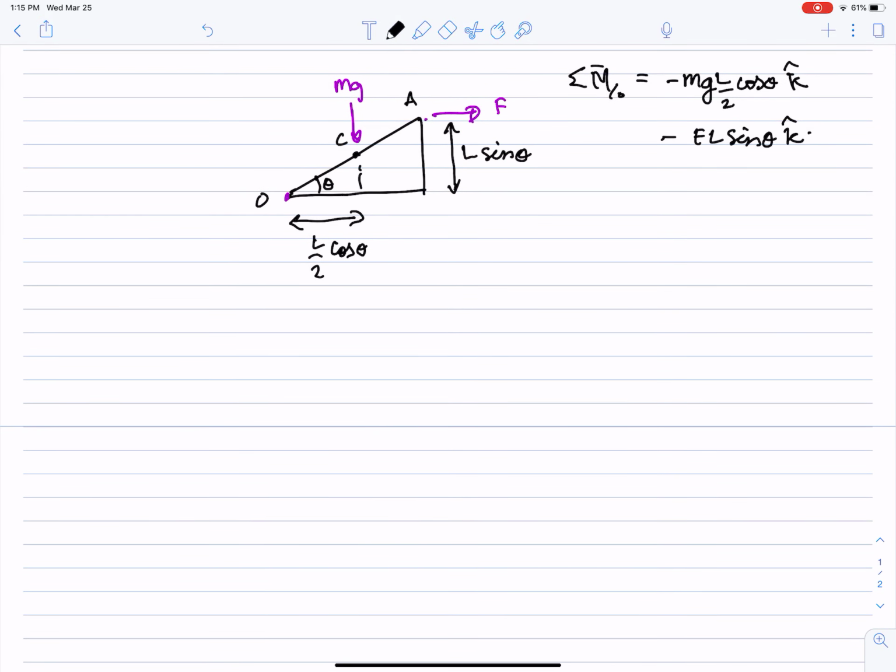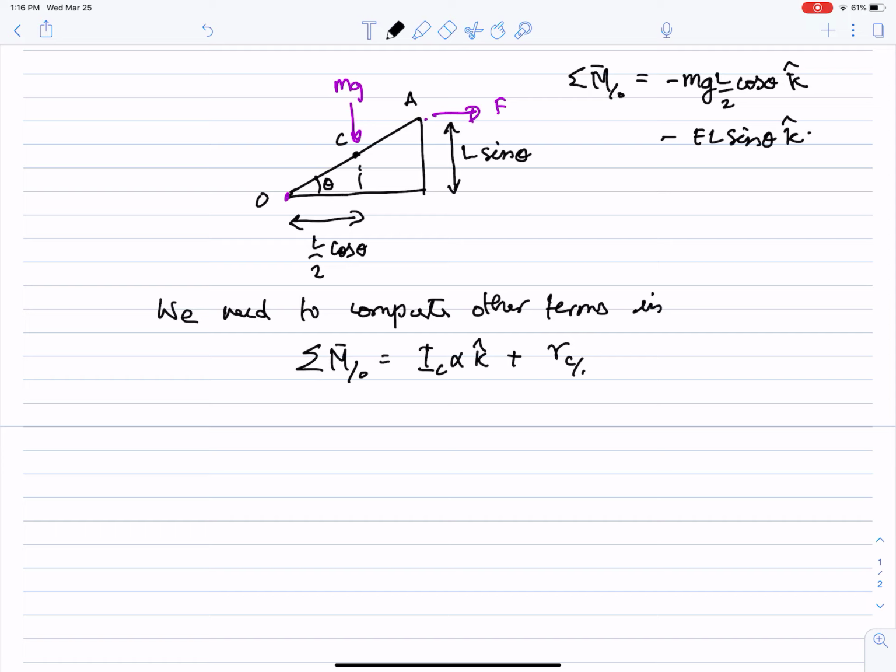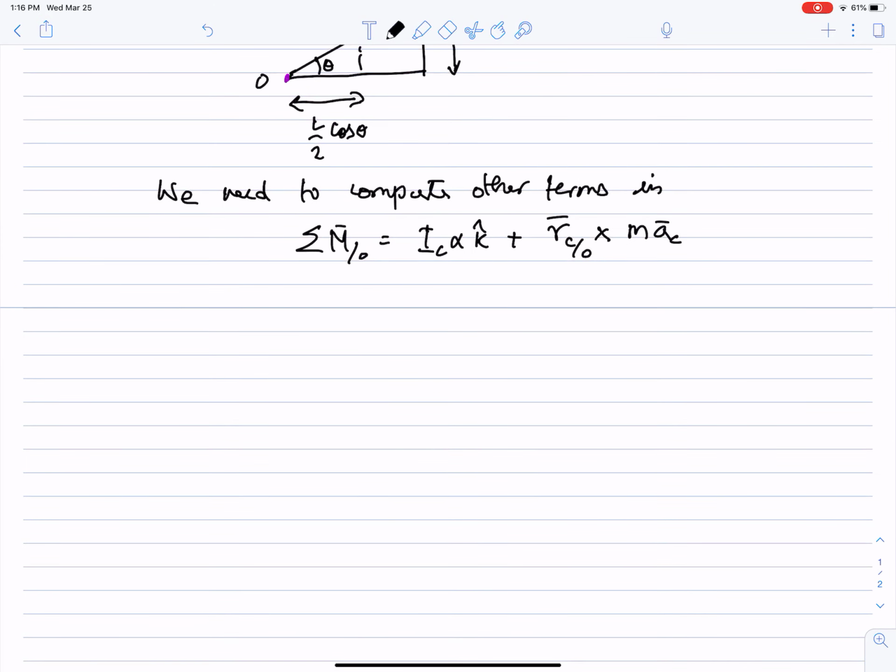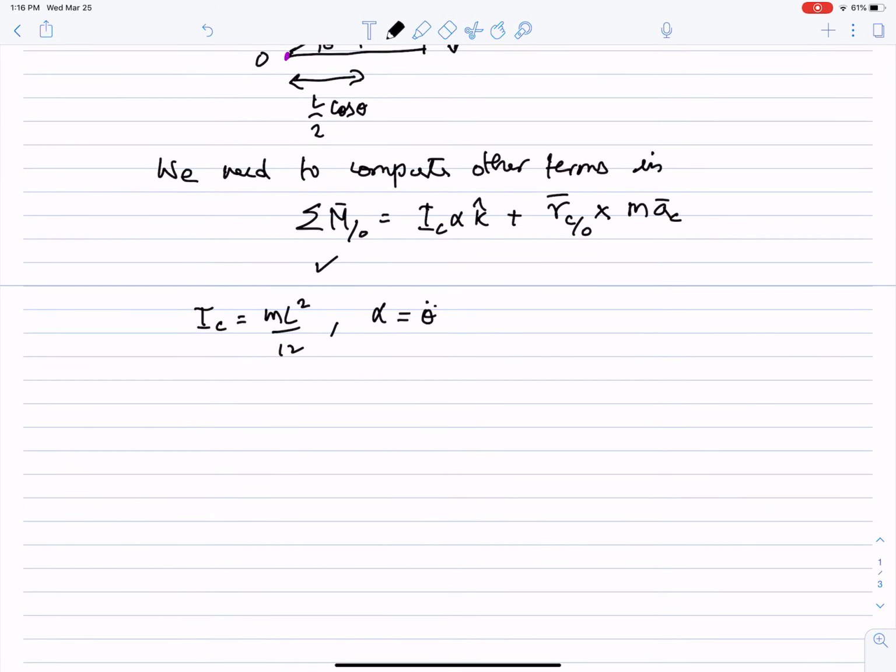So we need to compute other terms, and sum of moments with respect to O equals IC alpha k plus RC with respect to O cross m aC. Okay, so this we've already computed, and we said IC is just m L squared by 12. Alpha is just theta double dot, or we can find just alpha directly.